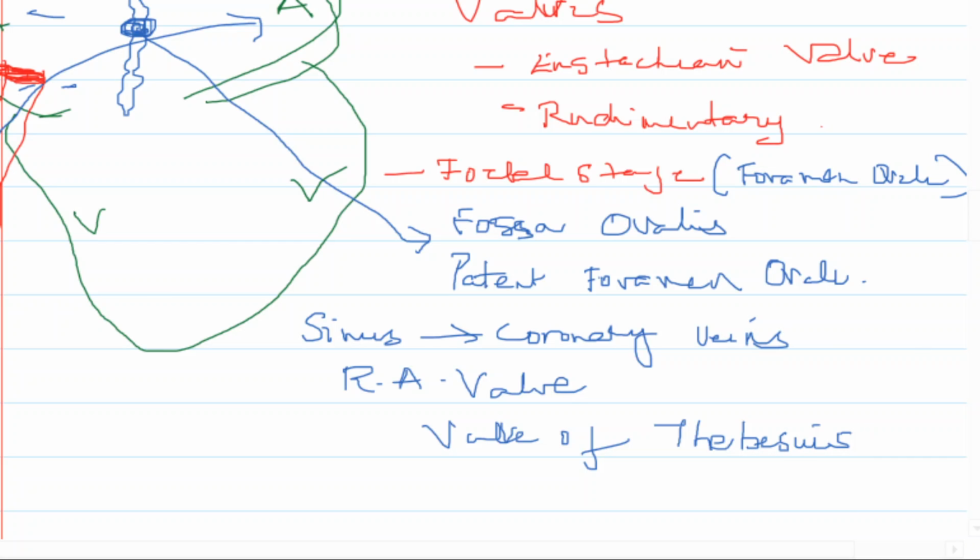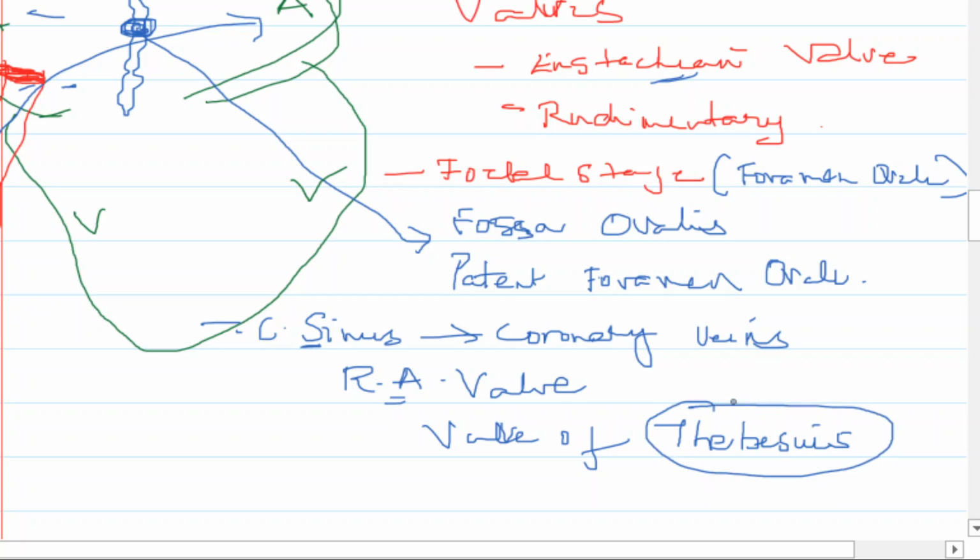Remember the valves, okay? Eustachian is for the postcaval. The precaval doesn't have any valve. The postcaval opens through the Eustachian valve. The coronary veins open into the coronary sinus, and this opens into the right auricle through the valve of Thebesius.